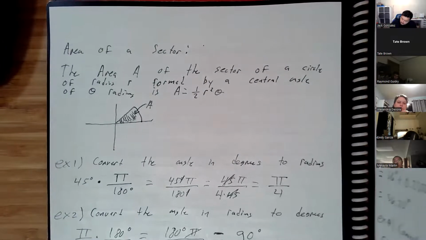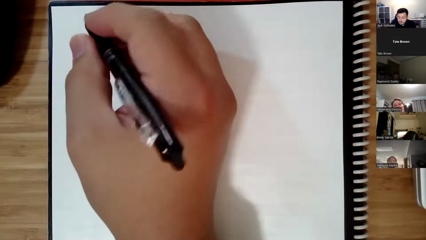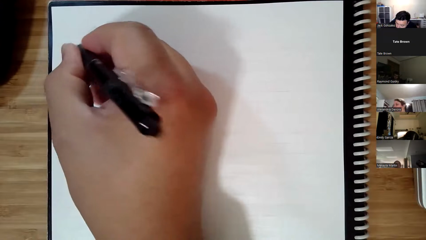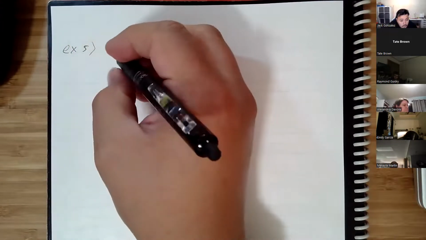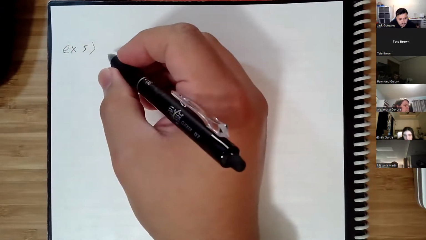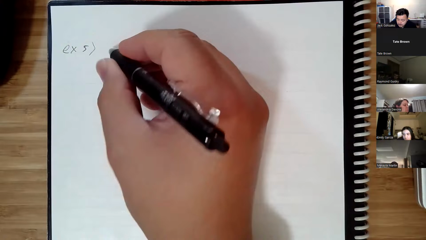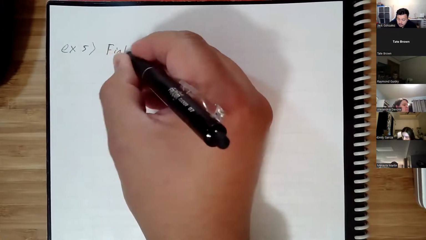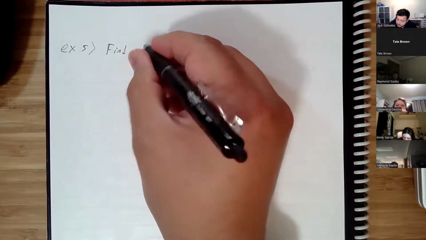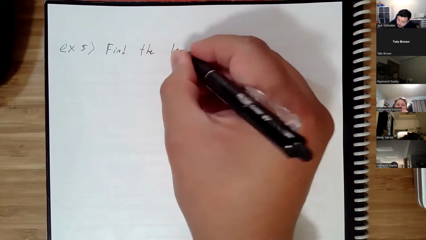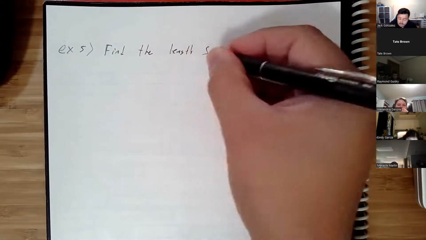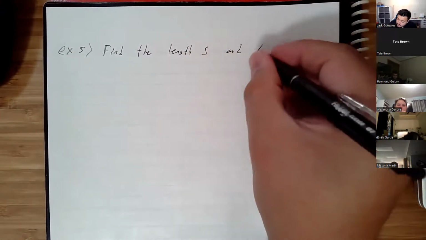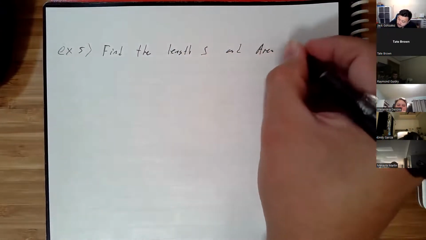Okay. So let's do arc length and area. We haven't talked about that. I gave you all those formulas earlier. Find the arc length S and area A.